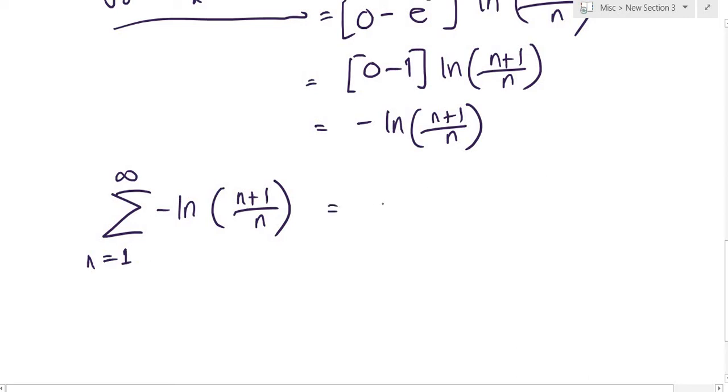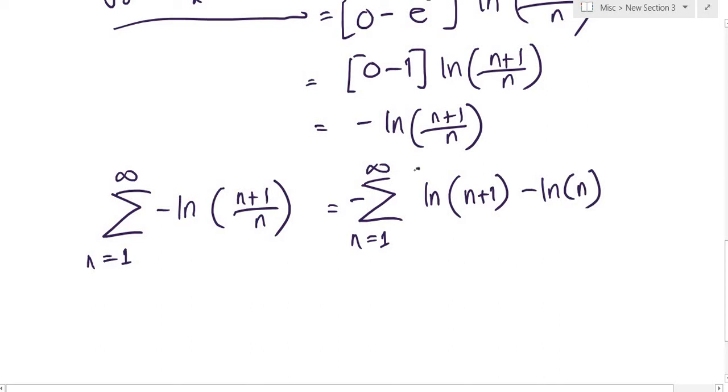Now we can just separate this out a bit. We have the sum from n equals 1 to infinity. We can take the negative outside, and by the properties of logs we can write the quotient of two arguments as the difference of two separate logs.